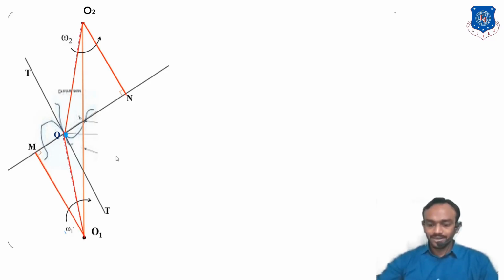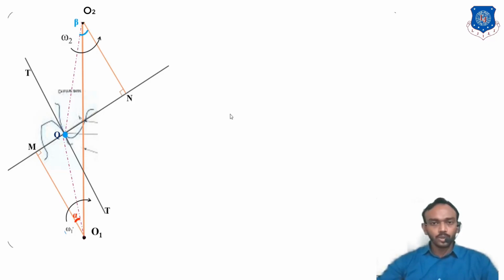Let's name them alpha and beta. This angle is alpha, and the second angle is beta.